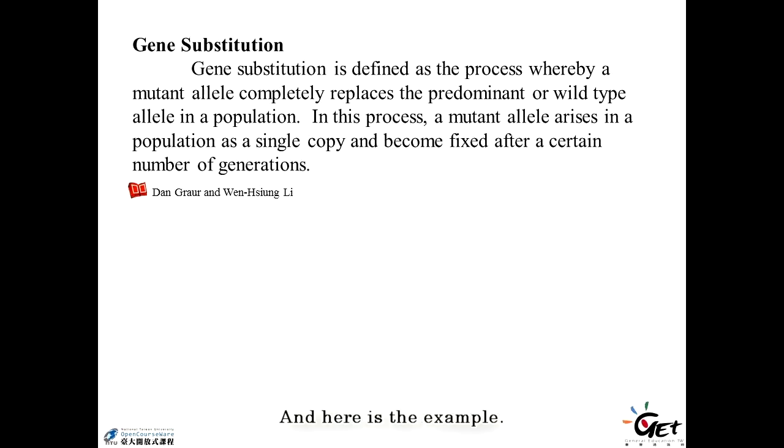Here is an example. When some population geneticists use gene substitution, they are actually talking about a particular substitution, but it's not really a gene. It's an allele or a variant in the population. So that's something I want to make clear.